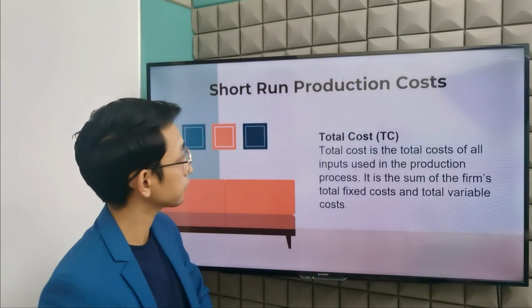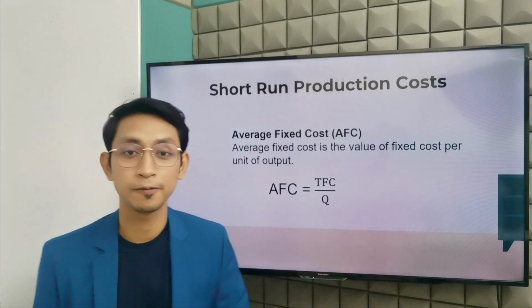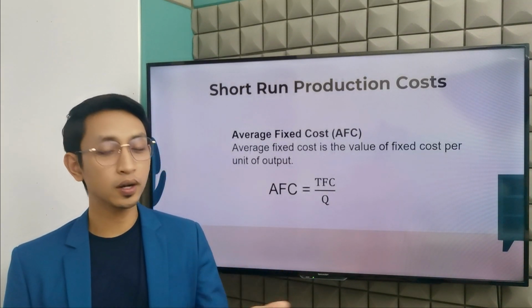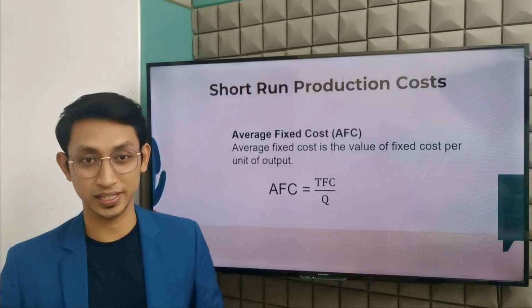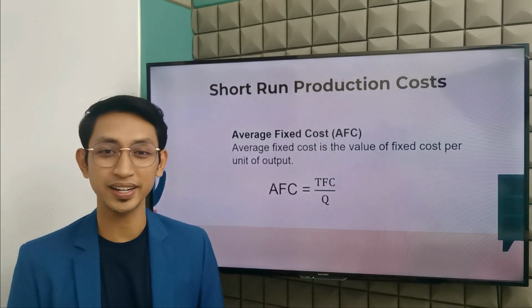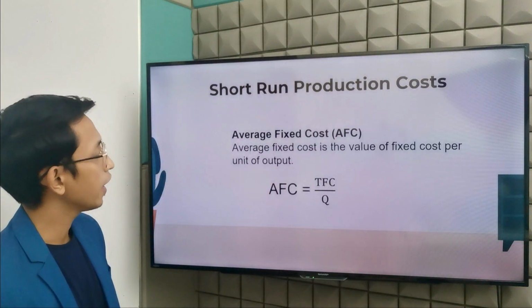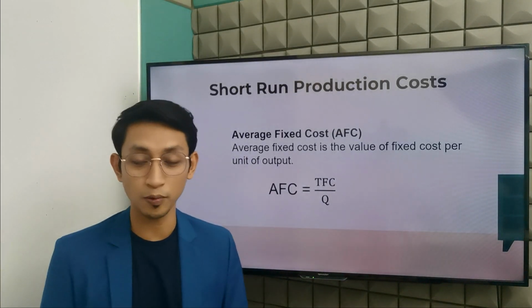Okay, next one. Average fixed cost. Just now we talked about total variable cost, total fixed cost, and total cost. Now let's talk about average cost. We are still discussing short run, brothers and sisters. So what is average fixed cost? Average fixed cost is the value of fixed cost per unit of output.